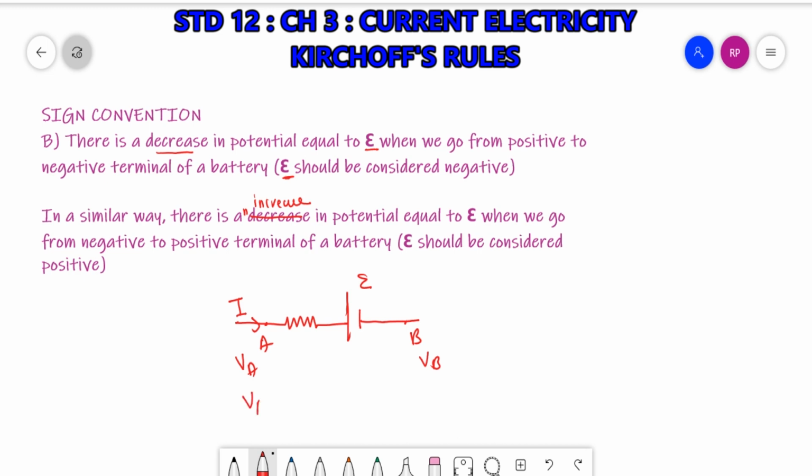As we are moving in the same direction as the current through the resistor of resistance R, I will take minus IR. Here I will take minus IR. I am moving from positive to negative terminal, so minus epsilon, equal to VB. If I am going in the reverse direction, then it will be opposite.